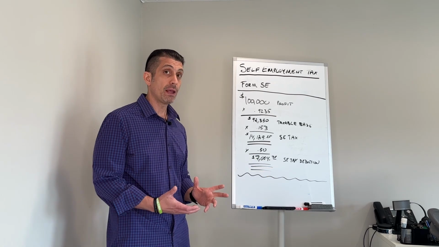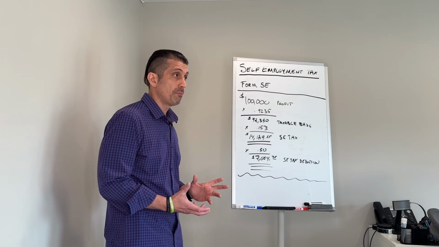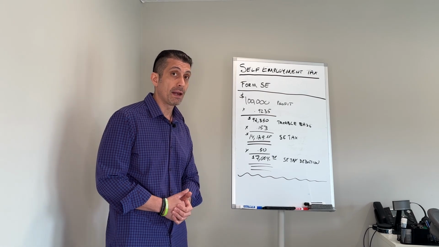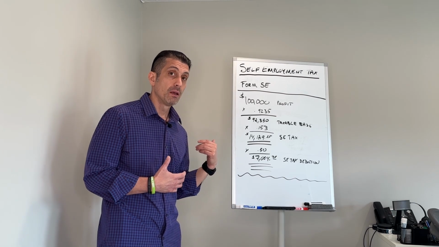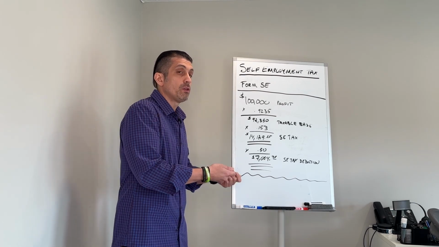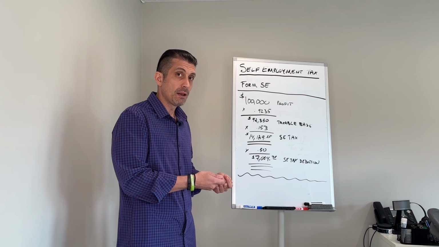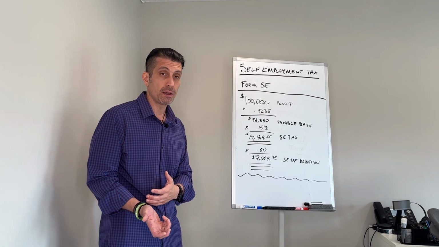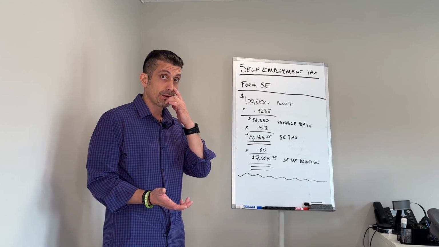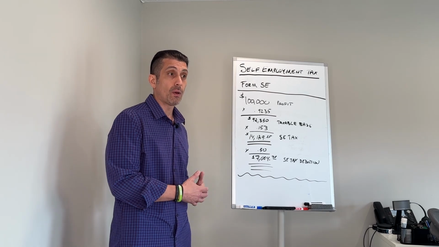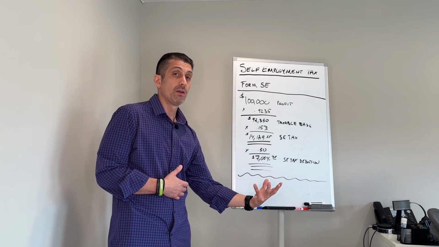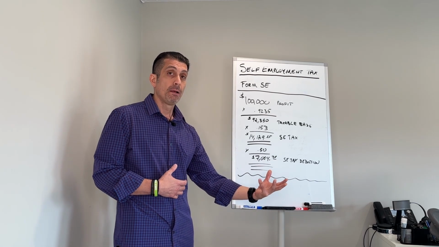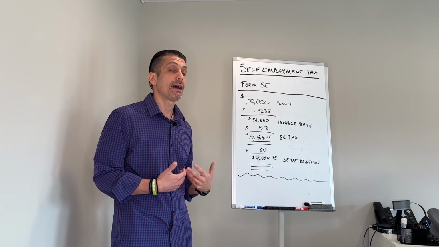Now, there is a break for this self-employment tax, and it works much as if you were an employer of somebody, because remember what I said from the beginning. When you're an employer, you contribute 7.65% to match your employee's contribution towards Social Security and Medicare, or let's just call it payroll tax. As an employer, if I'm paying a payroll tax on behalf of my employee, I get a tax break. I get to write that off.